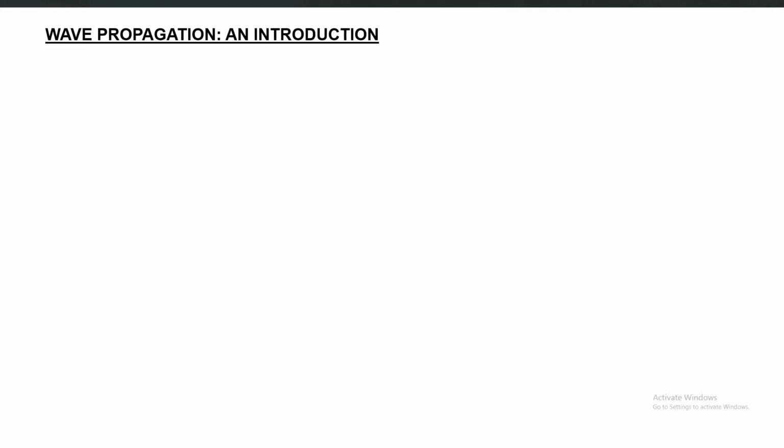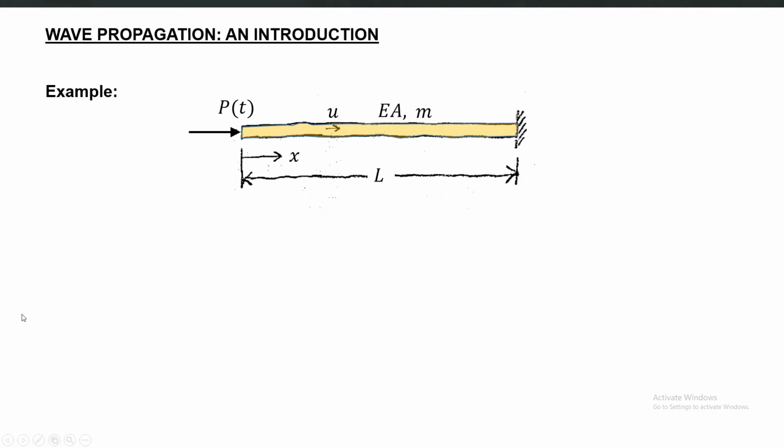So let's start, and for that demonstration I will use the axial vibration in the rod example. So if I have a rod, a vertical or horizontal rod which is applied with an axial force at its tip point, its starting point, and because of that axial force, the wave or the disturbance originates at that point and then it propagates along the length of the member.